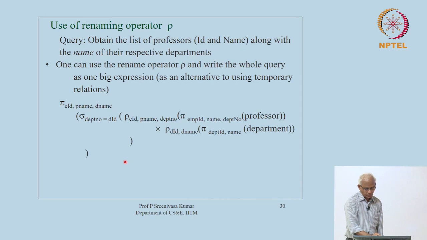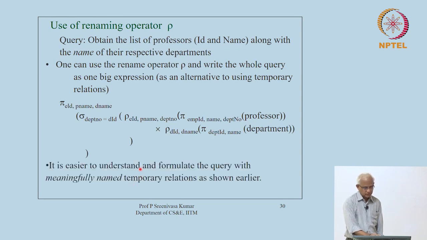These brackets seem to have moved here and there in this slide, but this bracket closes this, whereas this one closes that. So, one can write it as a big relational algebra expression like this, but then you can see that it is easier for us to understand and formulate the query if we use these meaningfully named temporary relations.